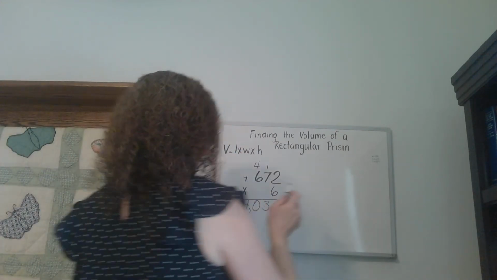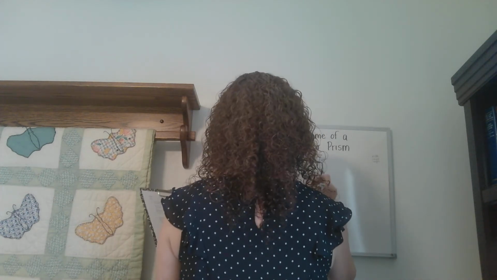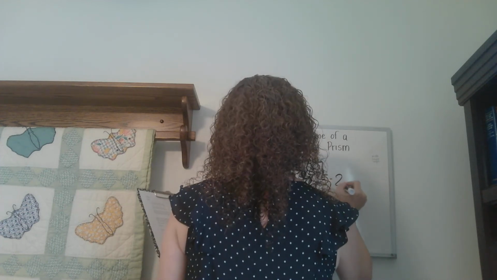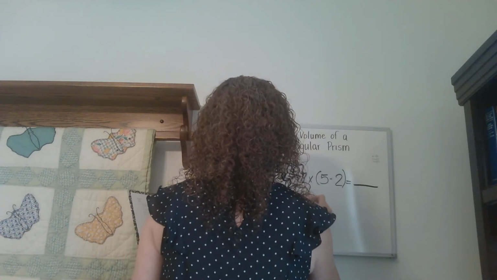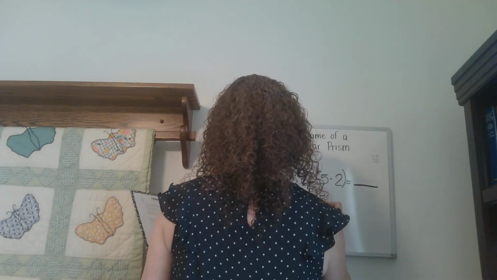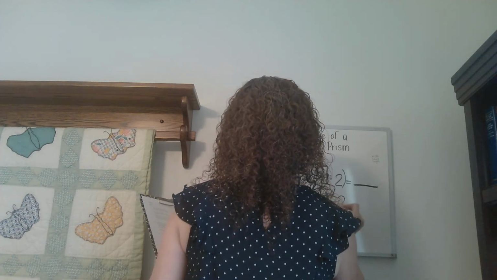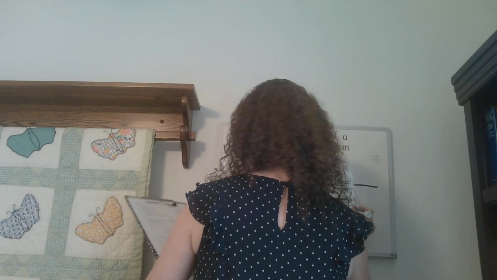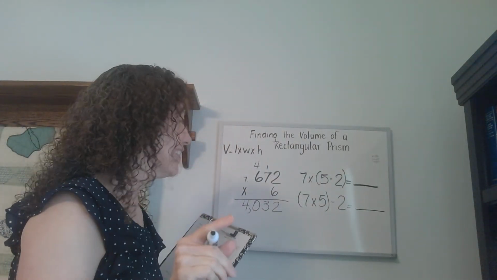All right, let's do this one. See if you can figure this one out. 7 times (5 minus 2), and then (7 times 5) minus 2. Okay, somebody tell me what the parentheses mean.